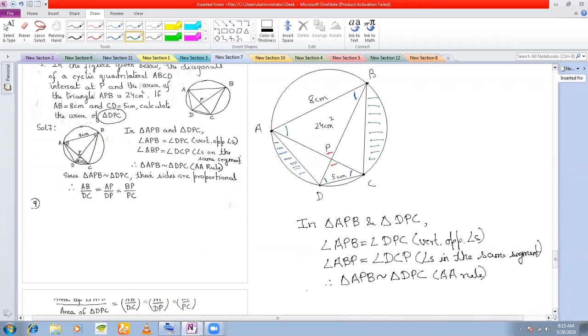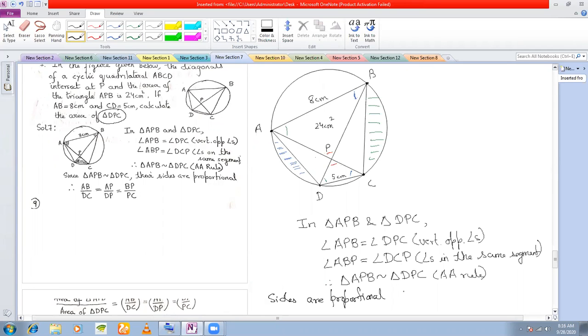So let us now write which sides are proportional. First of all, look at the red angles. I'm writing the sides of triangle APB in the numerator.